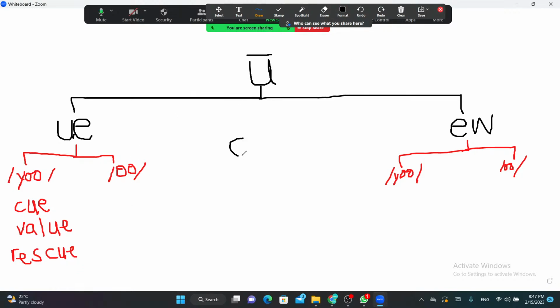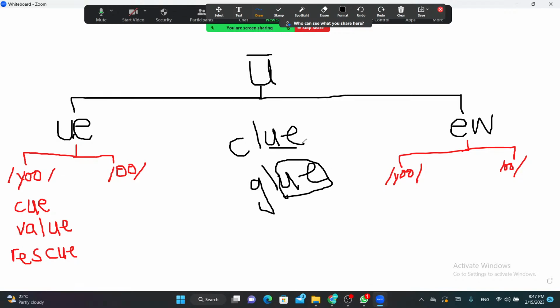Tell me, in clue and glue, what is the sound that you hear? Do you hear U or oo? Clue, glue. You hear oo, right? So this is the second sound of U. So we will go here. Clue, glue, and the color blue.